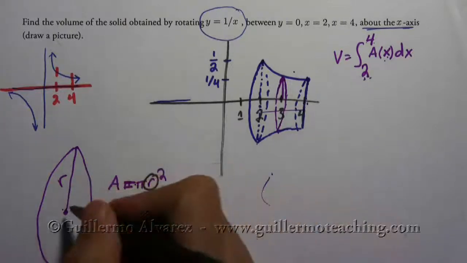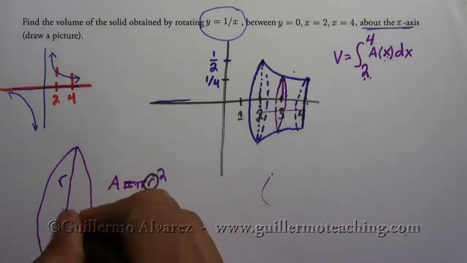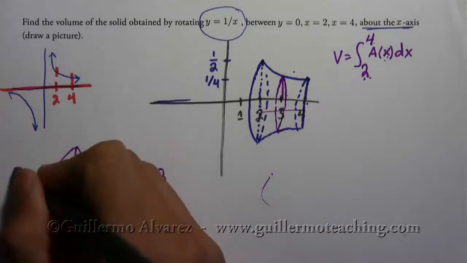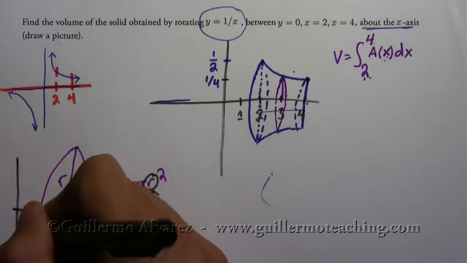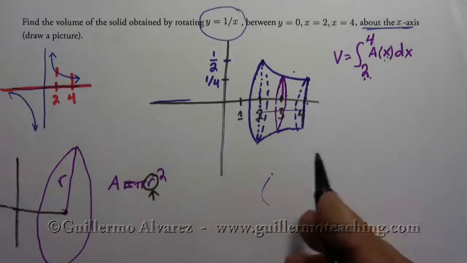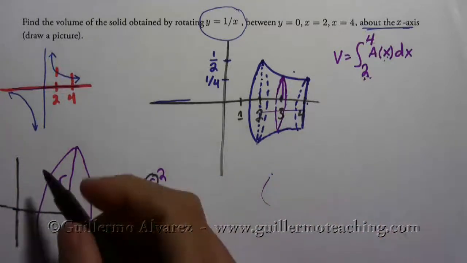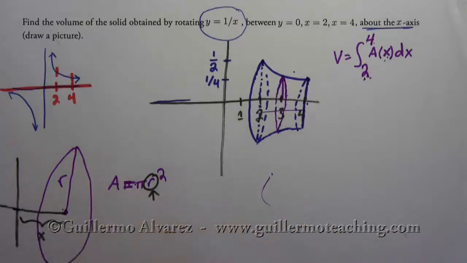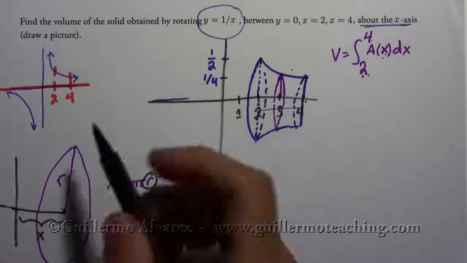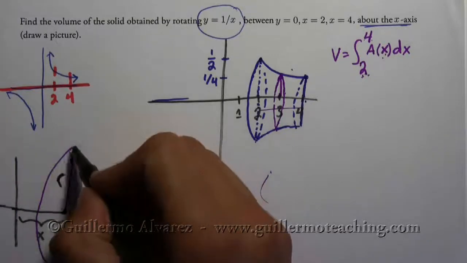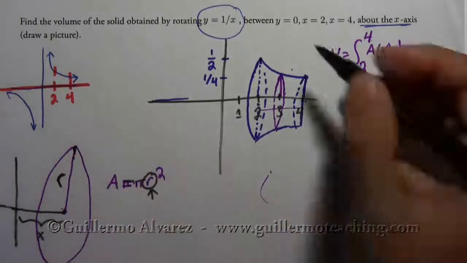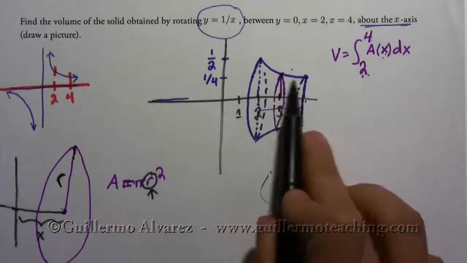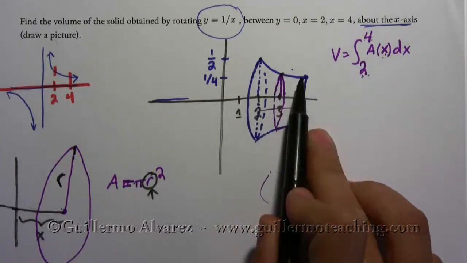If you take a look at this, let me put down the coordinate axis here, and this is going to be x. Notice that r, the value of the radius, is simply the value of the function that I used to graph it.